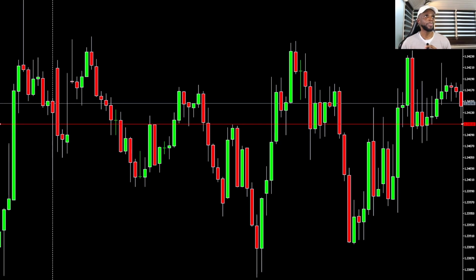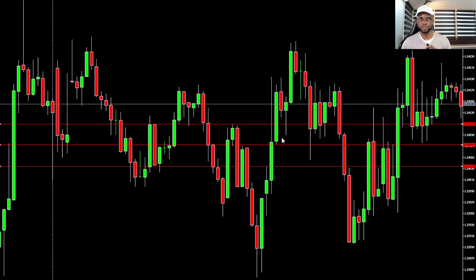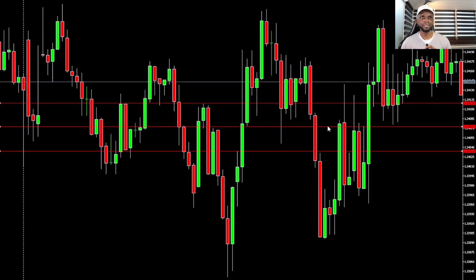So looking at those 3 bars, we would say there was an imbalance here. Between these 2 lines, there was an imbalance because this wick of the third bar didn't come down to touch the wick of the first bar. Now, before I talk about price bouncing off, let's talk about the same thing in a downward move.